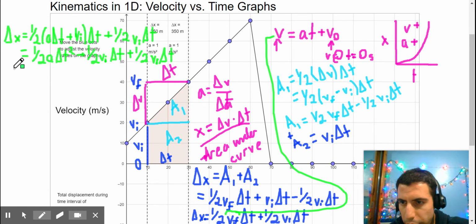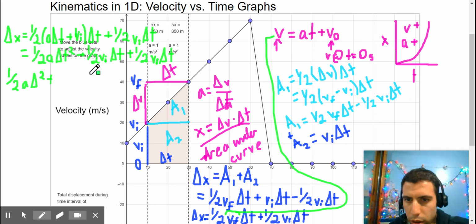So now I have 1/2 a delta t squared plus, well, now I have 2/2. That makes one whole.